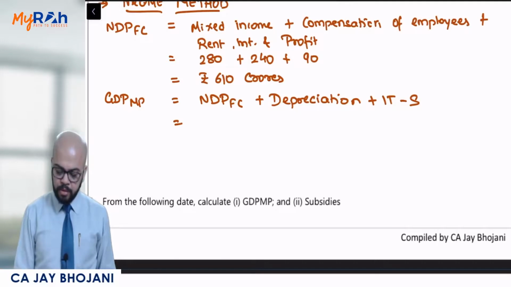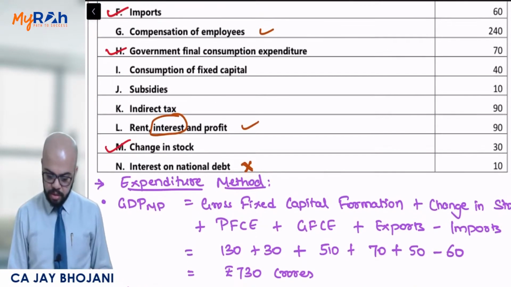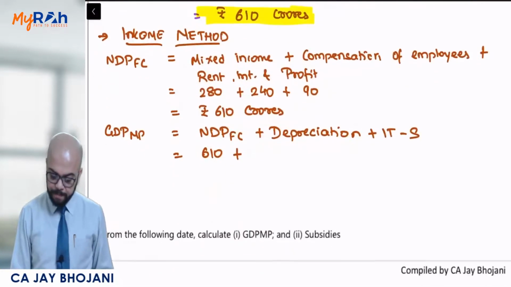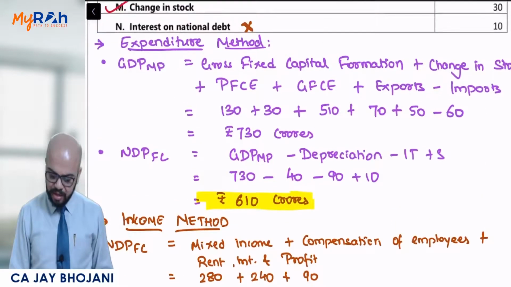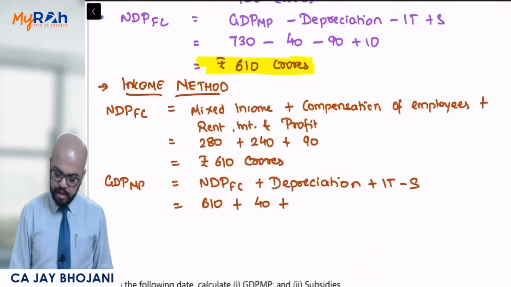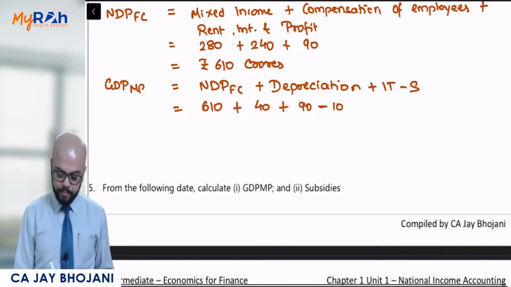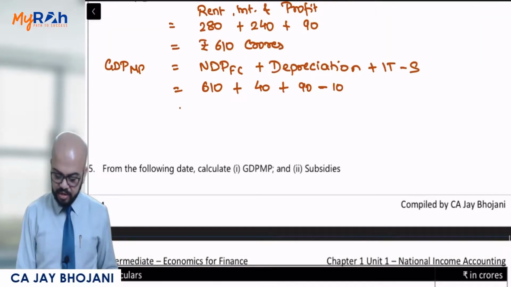Okay, so 610 plus depreciation, how much? Consumption of fixed capital was 40. Indirect tax I think was 90. Where is it? Yeah, 90, and subsidies are 10. So 600 plus 130, that is 730.